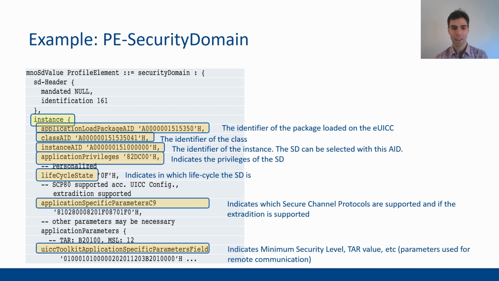And finally, the UICC toolkit application specific parameters field, which indicates the minimum security level, the TAR value, and so on, the parameters which are used for remote communication. So in this example, in the instance object, these fields are listed. It's possible to use other fields as well.